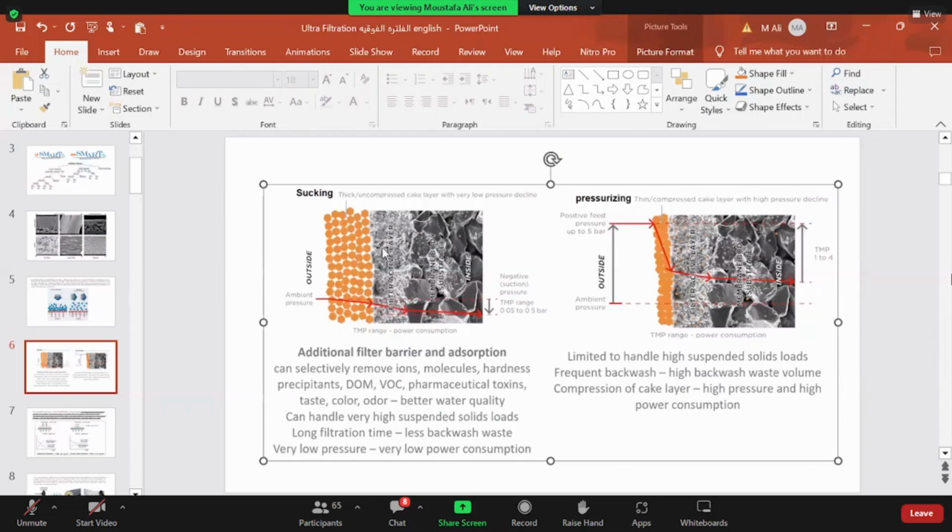But in case of the pressurized system, the cake layer will be too compact because it's pressed against the membrane surface. Some tiny particles, equal to the pore size of the membrane, will infiltrate inside the membrane surface and material as shown in the figure. So this is the main difference between the two categories.